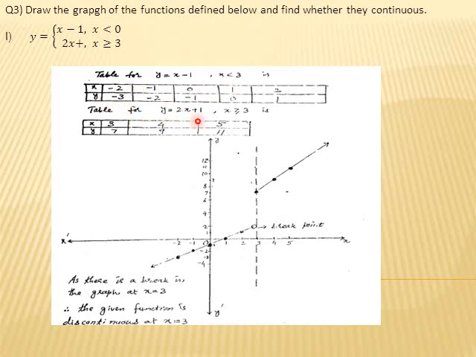And y is equal to 2x plus 1, x is greater than or equal to 3. I just take the 3 values. You can see from the graph, as there is a break at x equal to 3, the function is discontinuous at point 3.